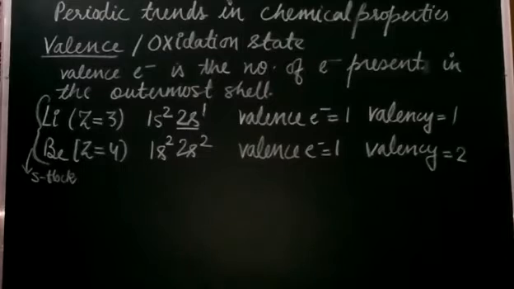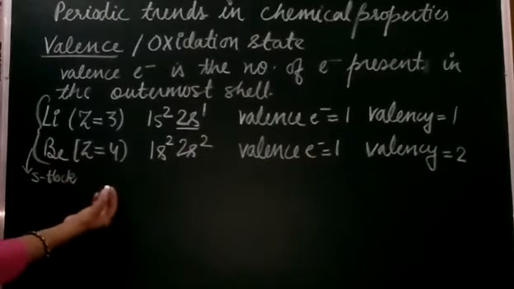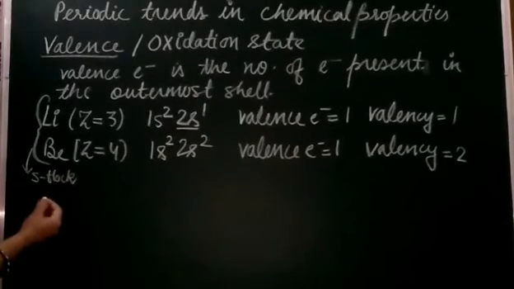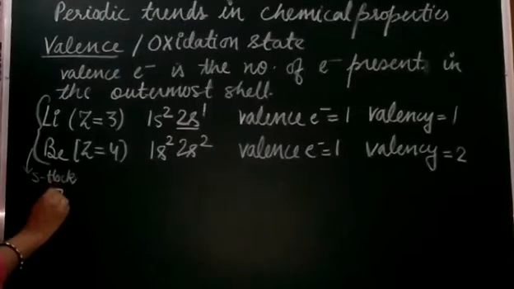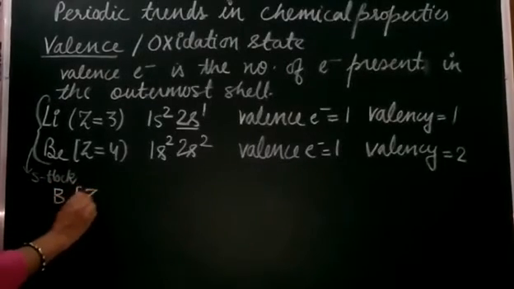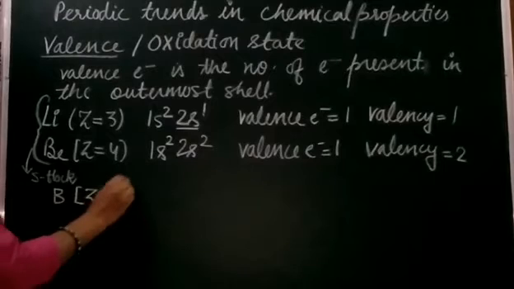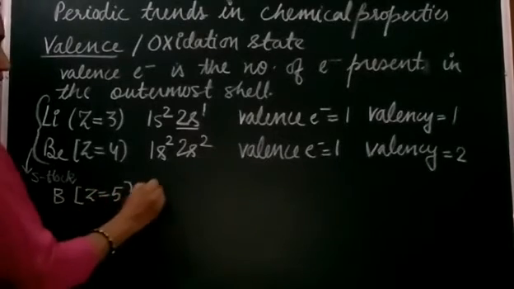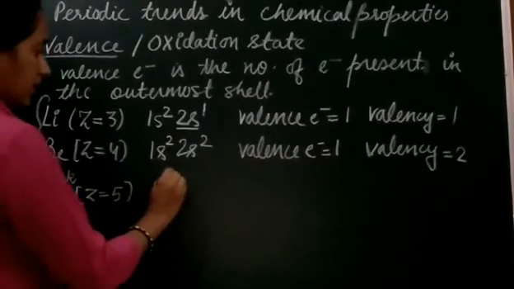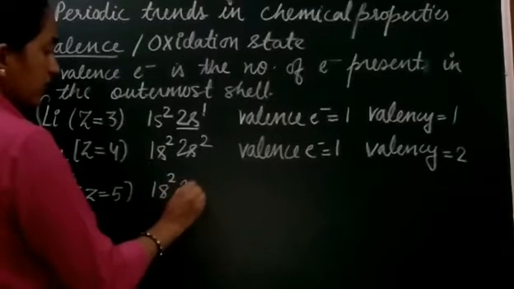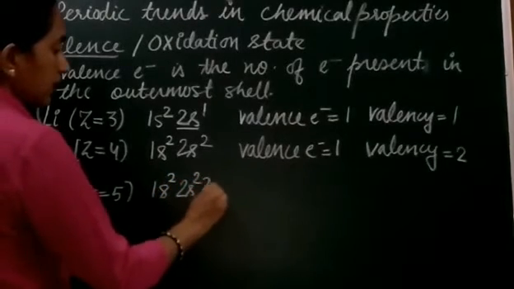Now when we jump to the P block, let me take an example from group 13, right? So we have boron. Now Z equals 5 in that case. So we have 1s2, 2s2, 2p1.